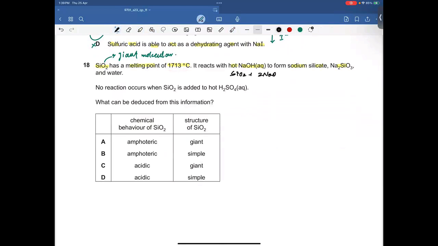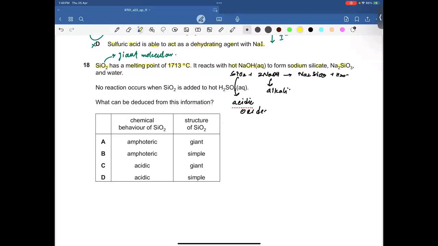Sodium silicate is Na2SiO3 plus H2O. By the way, this is an alkali, and this is basically an acidic oxide, which means it is an acid-base reaction or acid-alkali reaction.